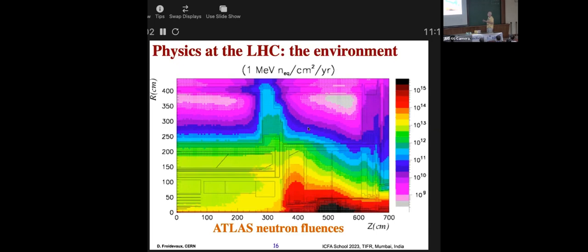And this color code tells you the rates. When you reach rates where, let's say, laptops and commercial stuff start to die around here, anything above the green color will die in less than 1 year at the LHC.